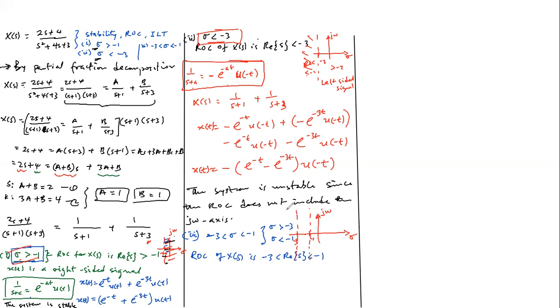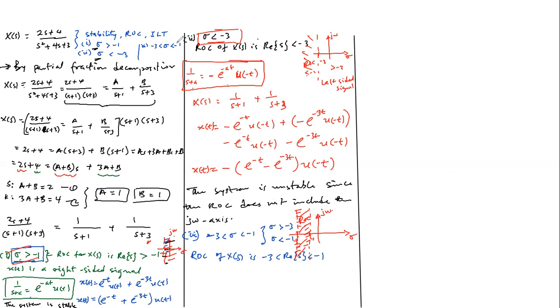Now, sigma is greater than minus 3, so this part is greater than minus 3, and it is less than minus 1, and this part is less than minus 1. So it forms a strip. Okay, so the region of convergence forms a strip, and it does not include the j omega, so it's not stable.